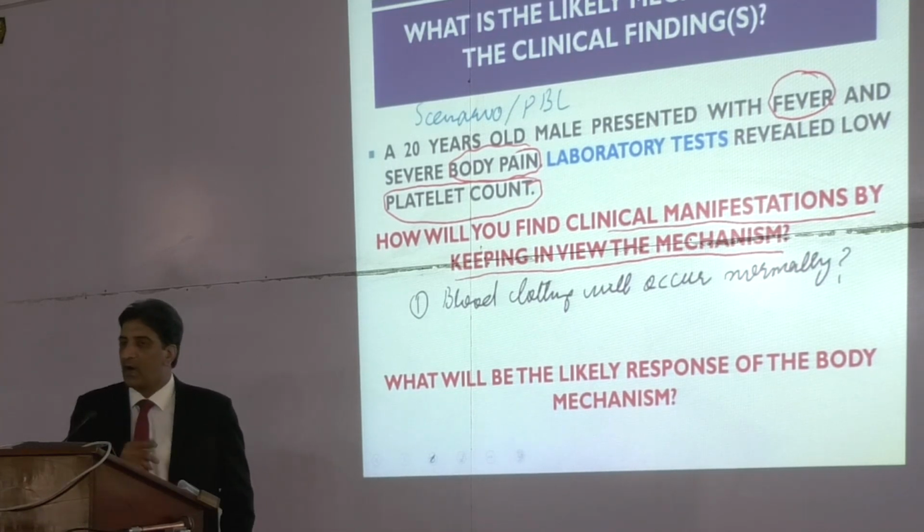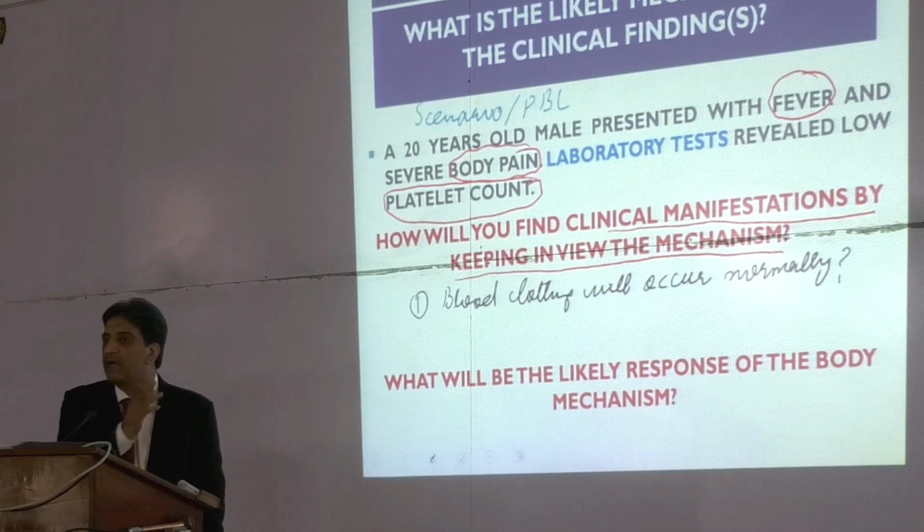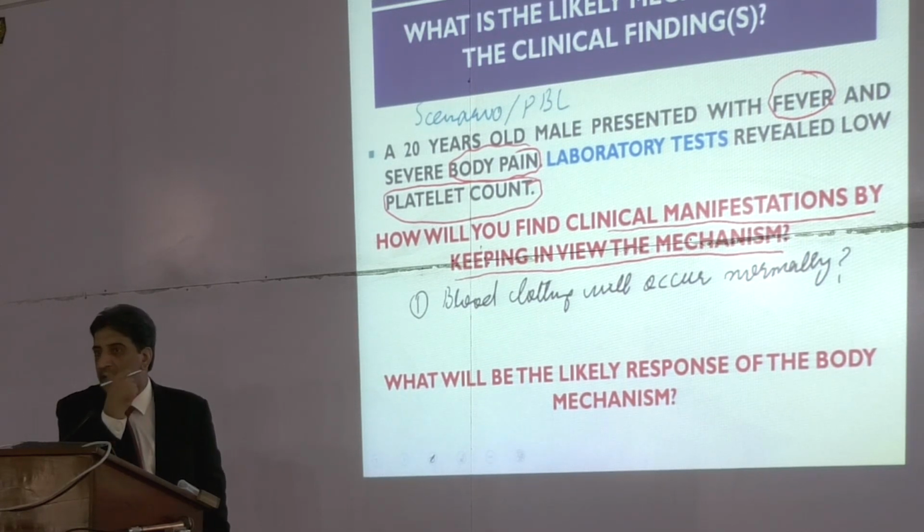Now, if the platelet count decreases, the normal range is 150 to 300,000. If the count decreases to less than 50,000, then there are chances of bleeding from the minor holes that are produced in the vessels.